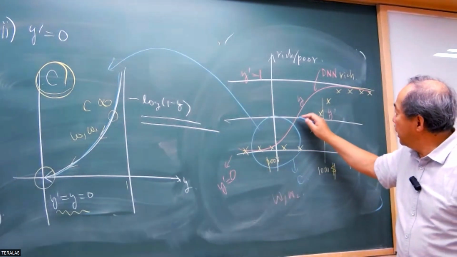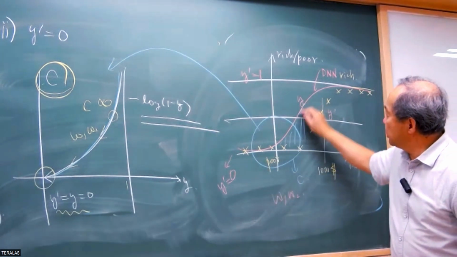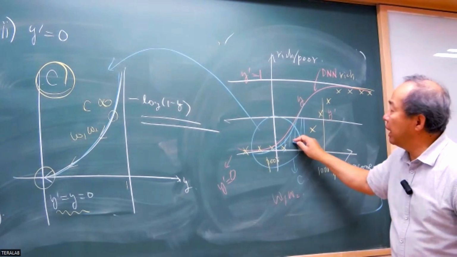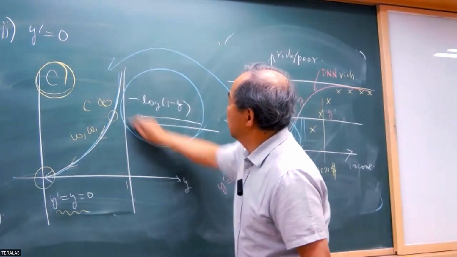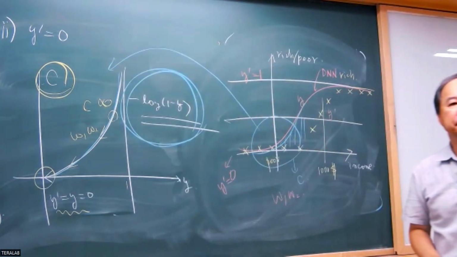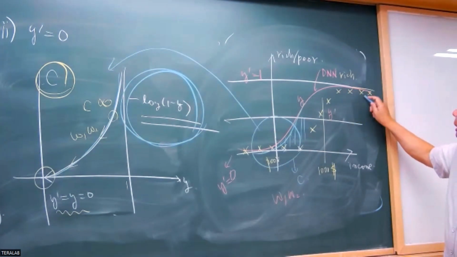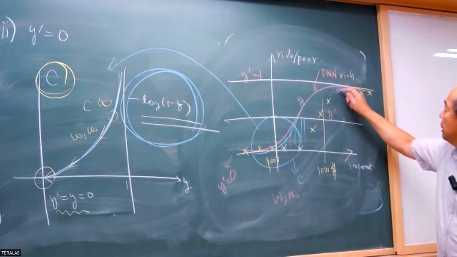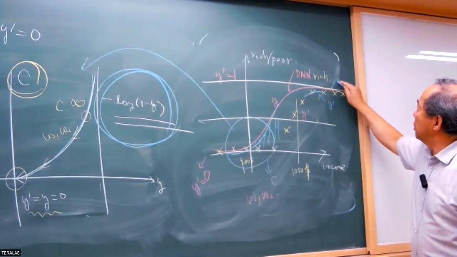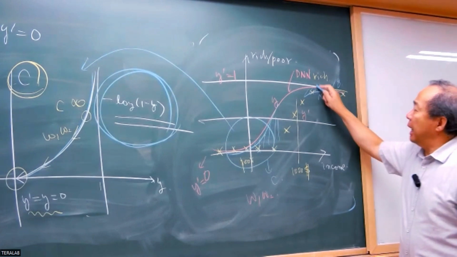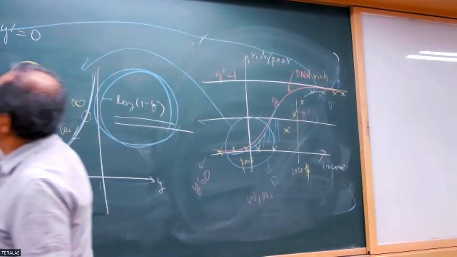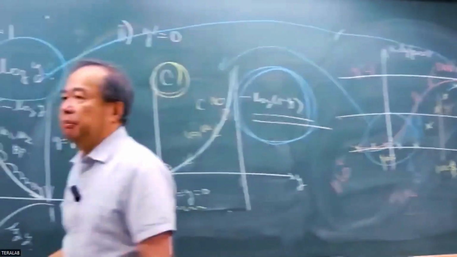The area between this red line and our real data is represented by this entropy function. Meanwhile, near the rich point, there is also separation between our real data and our CNN output. That is related to this log function.